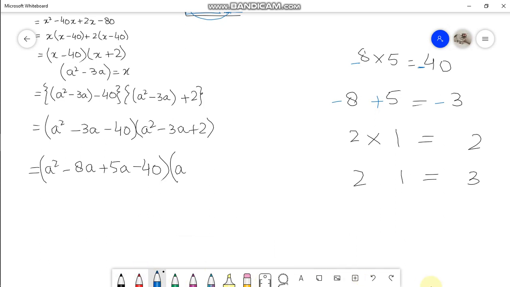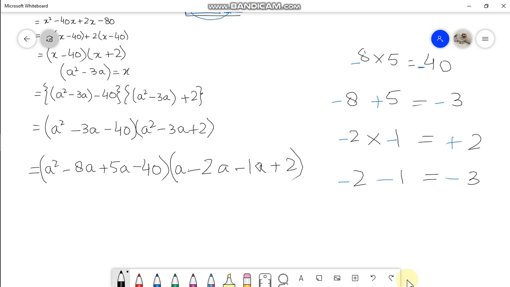So I will adjust the sign: minus minus plus 3, and the sign of the bigger one, minus minus plus 2. I hope the confusion is clear to all of you. a square minus 2a minus 1a plus 2.